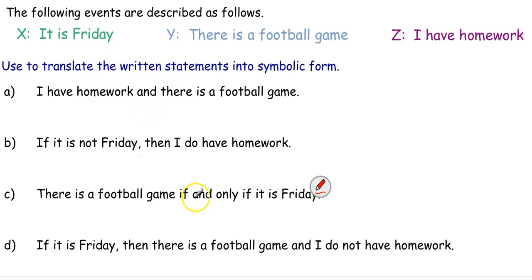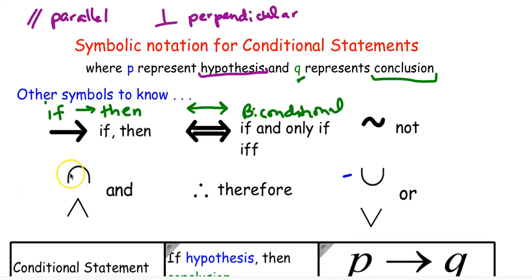So I have homework is Z. If we go back and look at your symbols, and is the upside down V or U. And I forgot to mention it over here. I kind of like to remember these because you could draw the line and make them look like A's for and. So that's how I remember that these get the upside down U's and V's.